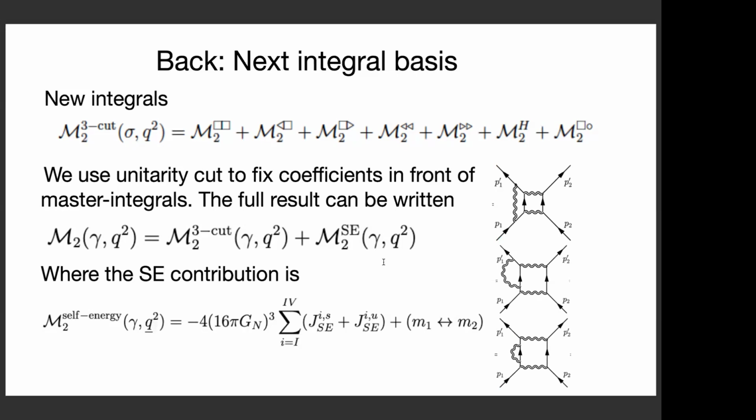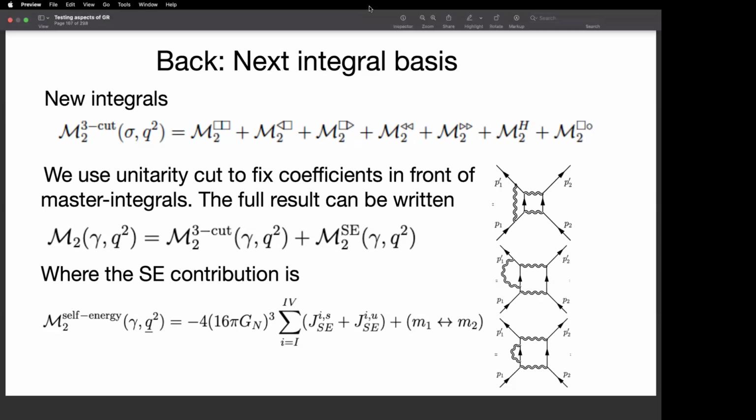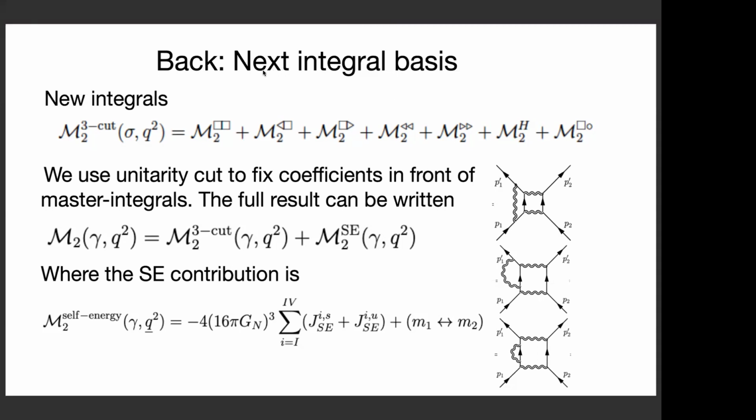And these pieces are important because if we are not accounting for them correctly, as we will see, we'll get infrared singularities that have to be cancelled.